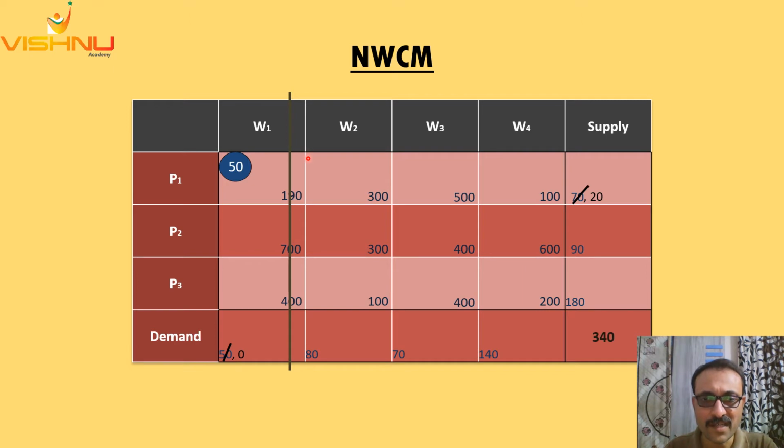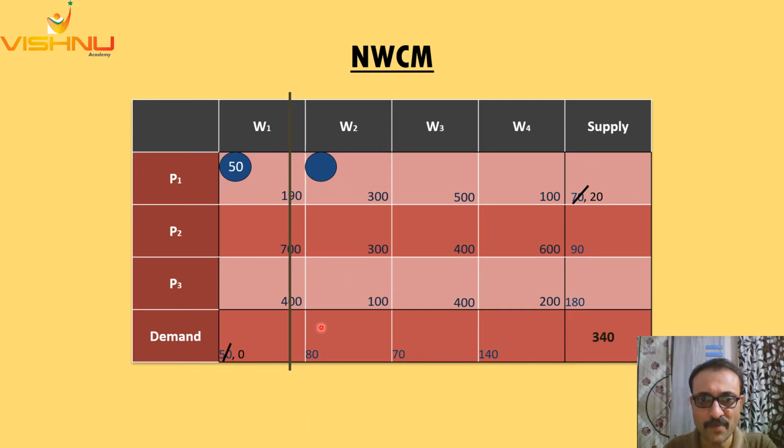Now we have a revised matrix, which is this one, which I just showed you using my laser pointer, wherein the northwestmost corner in the revised matrix is cell P1 W2, right? So this is the cell that needs to be identified next for transportation. Now how many units?